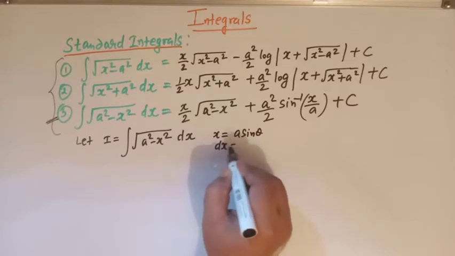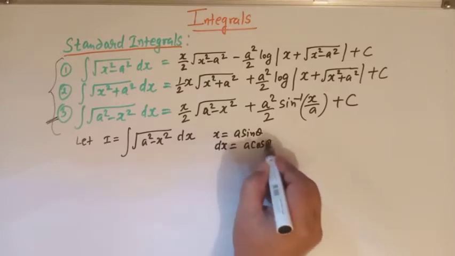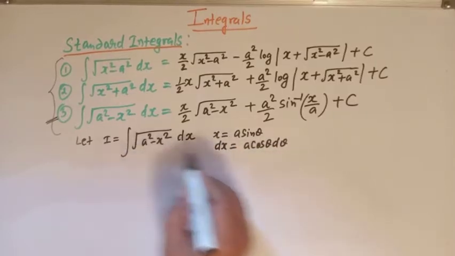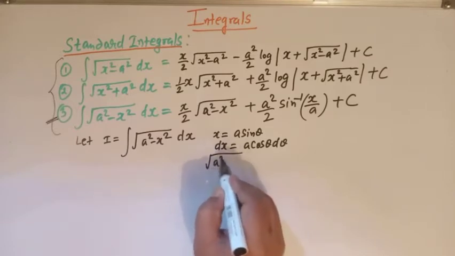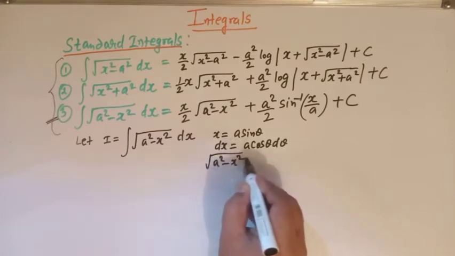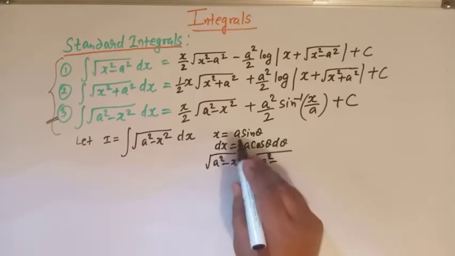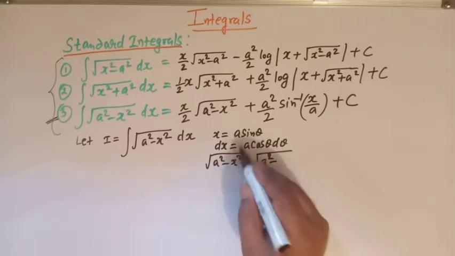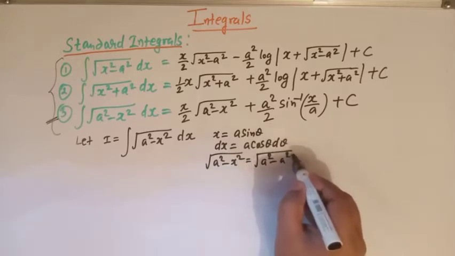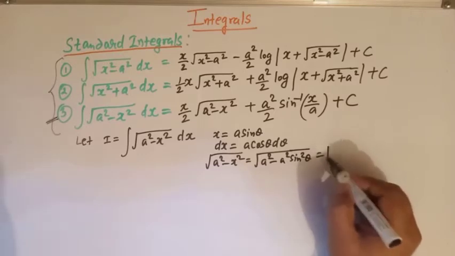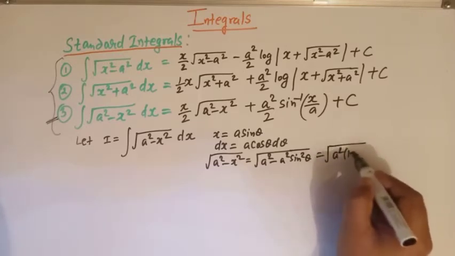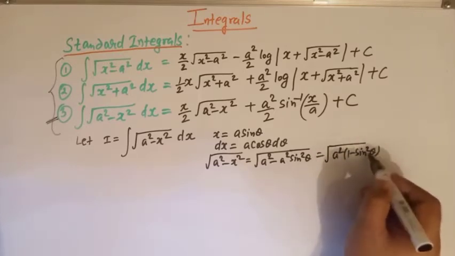Then dx is equal to a cos theta d theta, and the term square root of a square minus x square becomes a square minus a square sine square theta, which we can write as a square times 1 minus sine square theta.